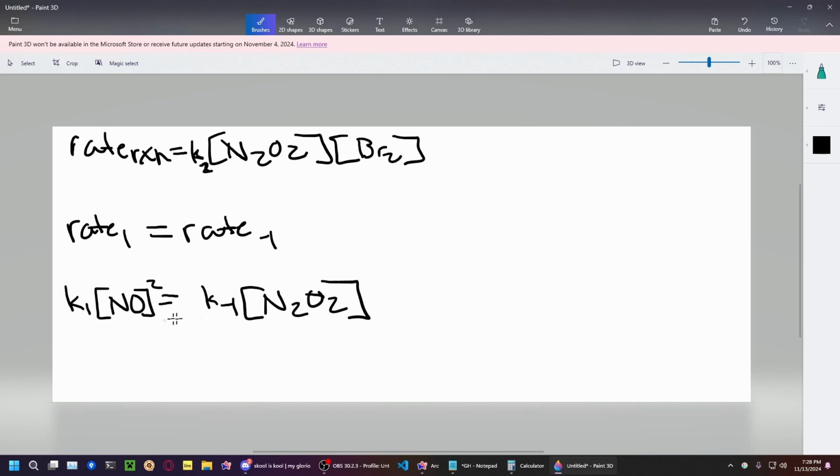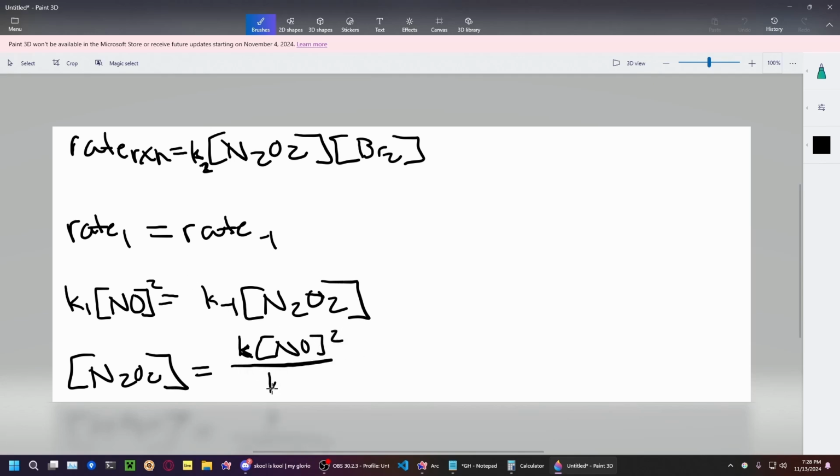Now to tie it all together, I can solve for my N2O2, and I can say that my concentration of N2O2 is found whenever I take my rate constant of the first synthesis, times my concentration of NO squared, as it's a second order reactant, all over my rate constant for the decomposition of N2O2. That'd be K1 times NO squared over K inverse 1.